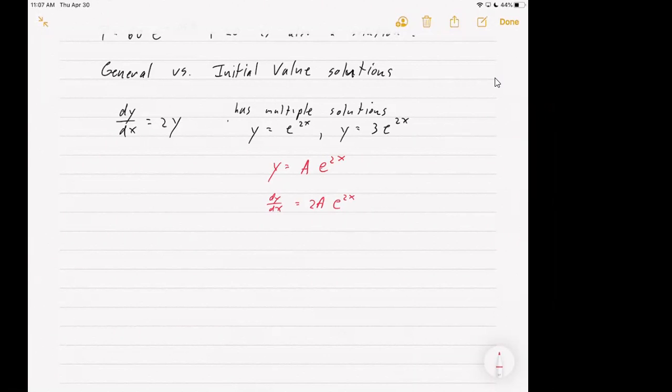And if you substitute that in over here, we have 2a e to the 2x should equal 2 times y, which is a e to the 2x. So no matter what the value of a is, a times e to the 2x will still be a solution. So all values of a work.